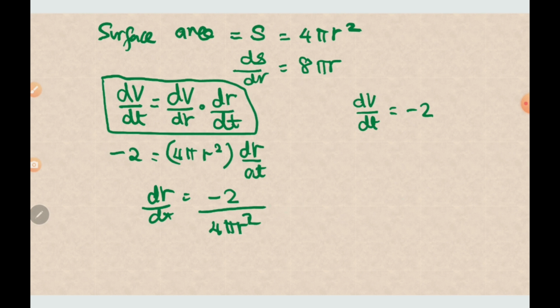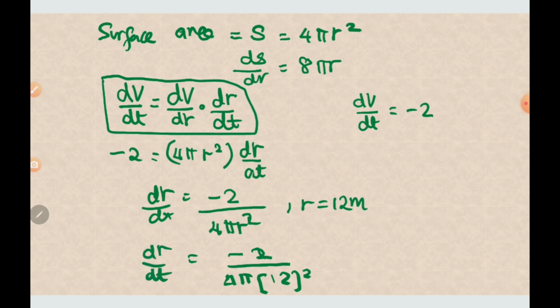The question asks what is dr/dt when r equals 12 meter. So now we can substitute r here. That is negative 2 over 4 pi 12 squared. This is dr/dt.